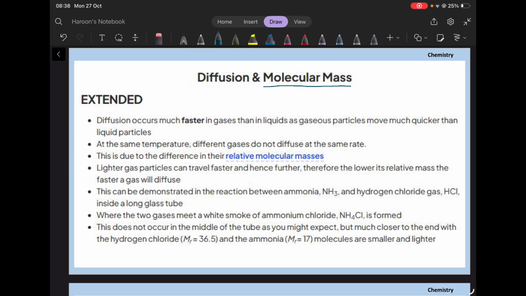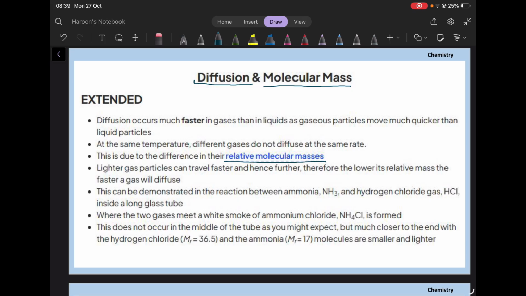And when you have heavier gases, for example, carbon dioxide is a heavy gas, or chlorine is a heavy gas, those gases would move slower as compared to, let's say, hydrogen gas, that is a lighter gas. So one of the things diffusion is related to, especially for gases, would be its relative molecular mass.